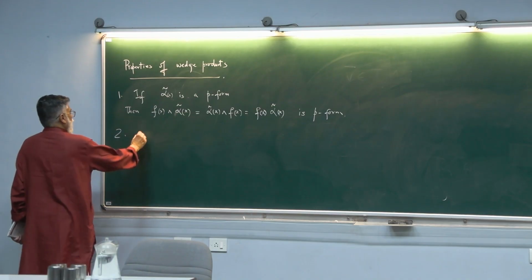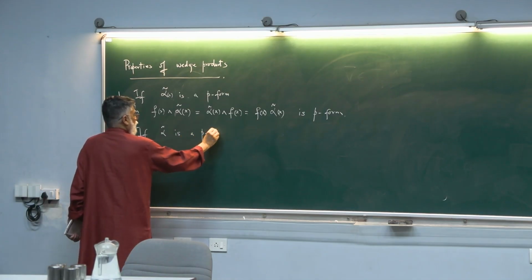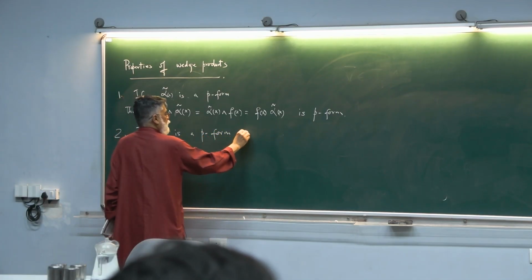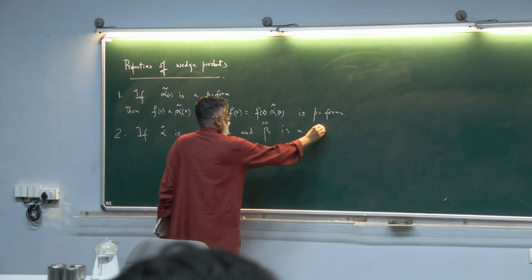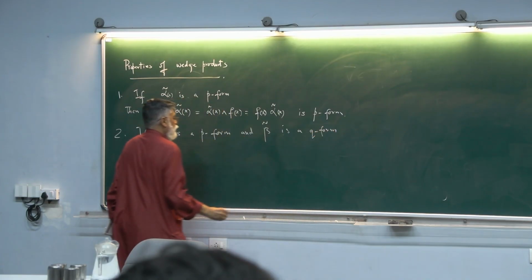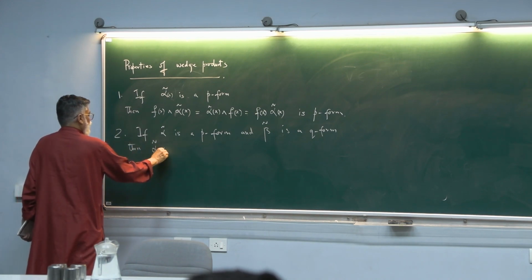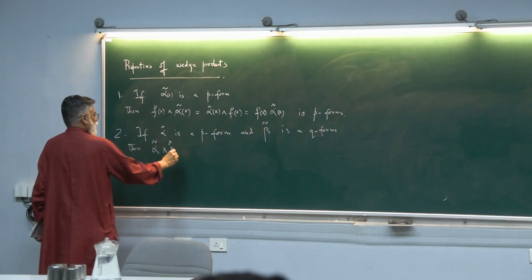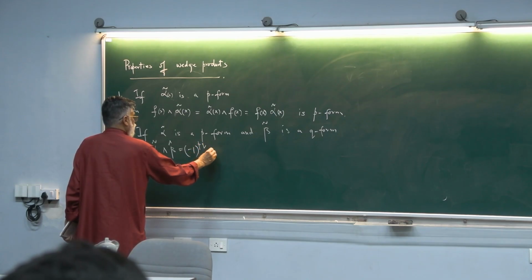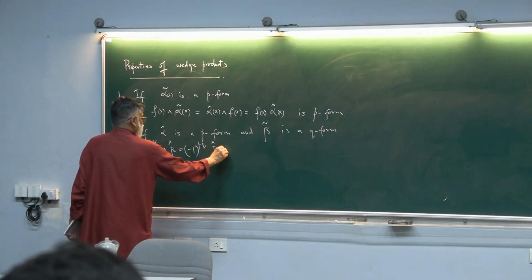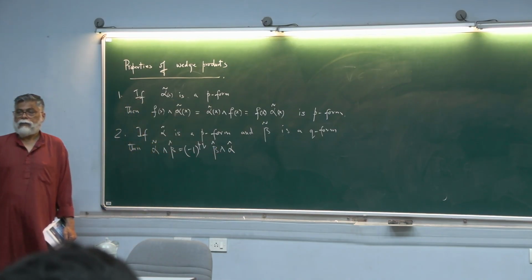Second property: if alpha is a p form and beta is a q form, then alpha wedge beta is minus 1 to the power p into q beta wedge alpha. All right.